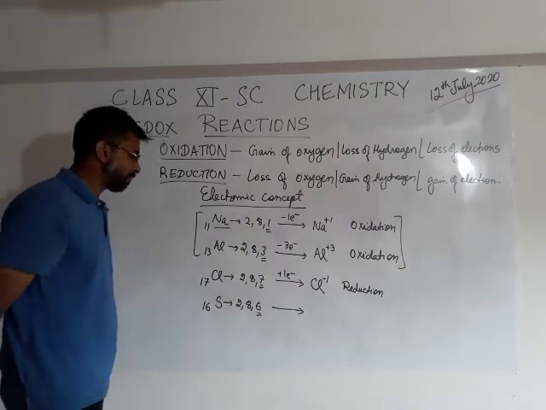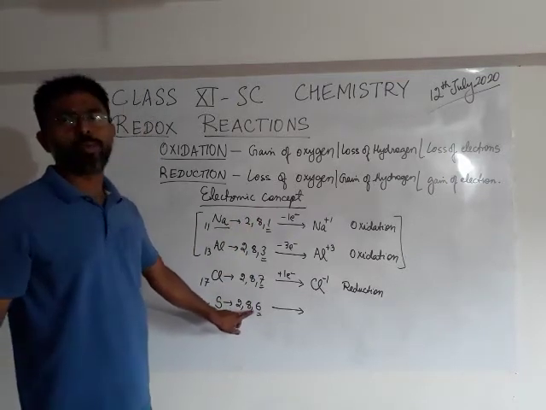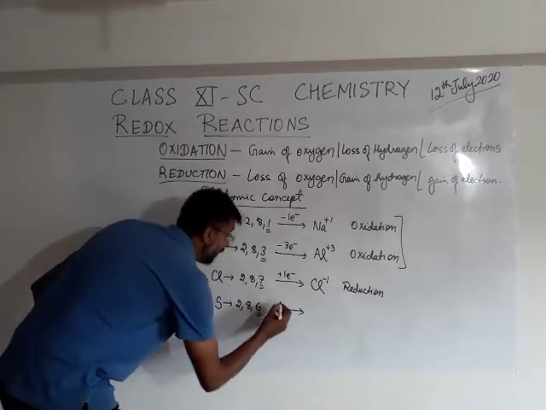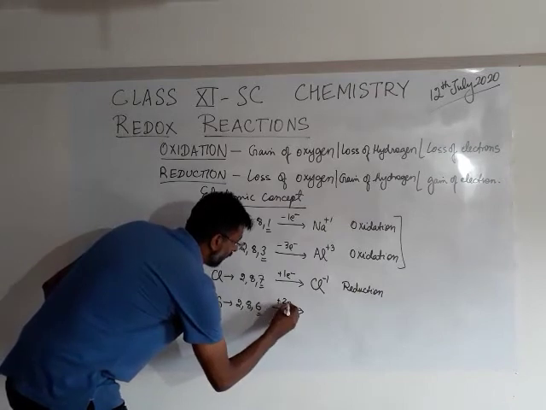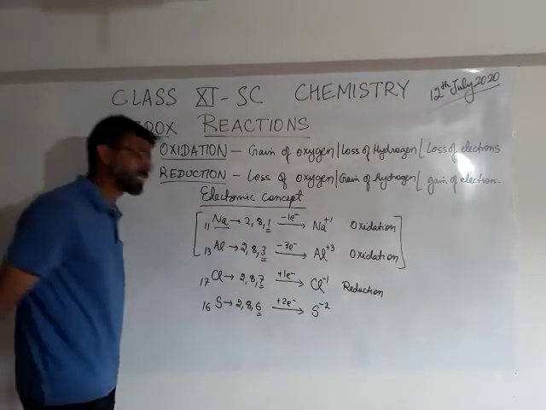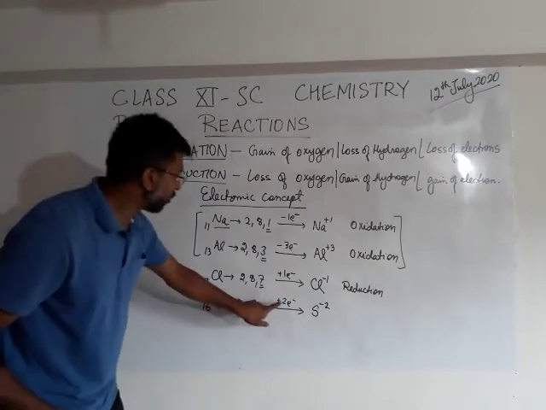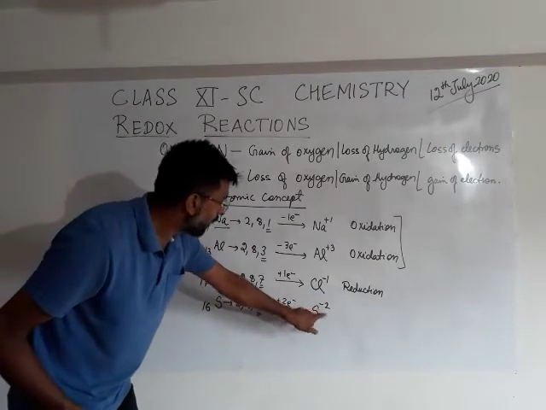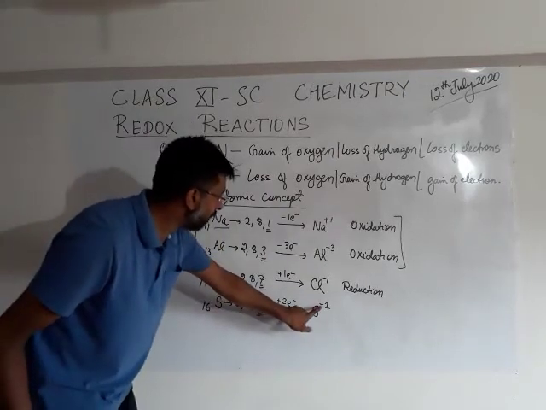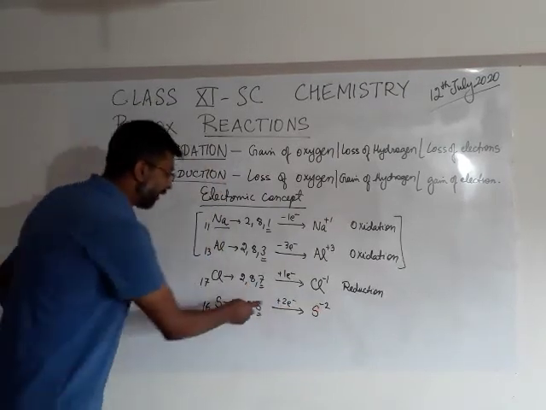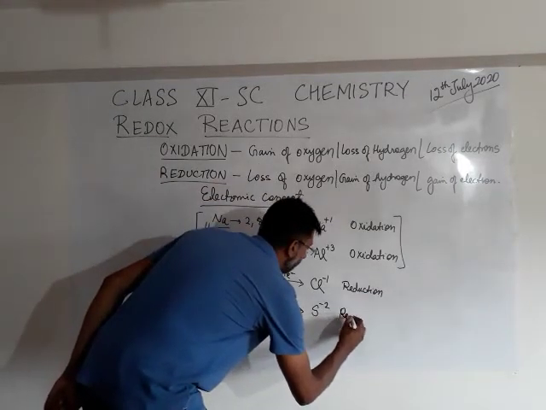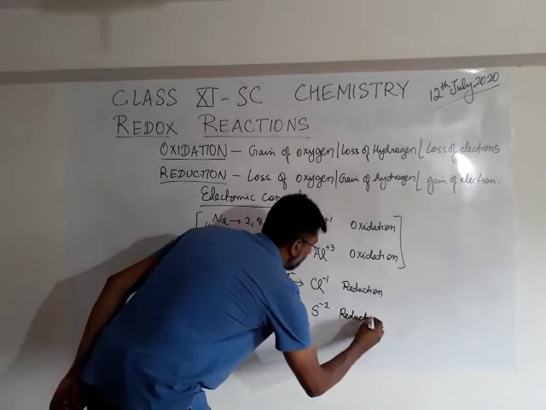To become stable, to complete the octet, this atom of sulfur will take in 2 electrons and become sulfide ion, S2-. It has taken electrons which carry negative charge, that is why we put a minus sign. Here there is gain of electrons, so this is also an example of reduction.